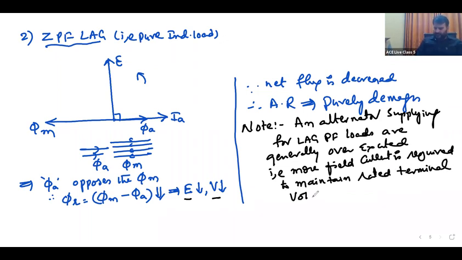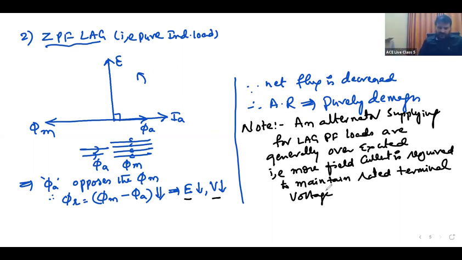Same conclusion for capacitor loads, which we are going to see. For capacitor load, underexcited, because with a capacitor load the magnetization voltage increases. To maintain the same voltage, you need to decrease the excitation.